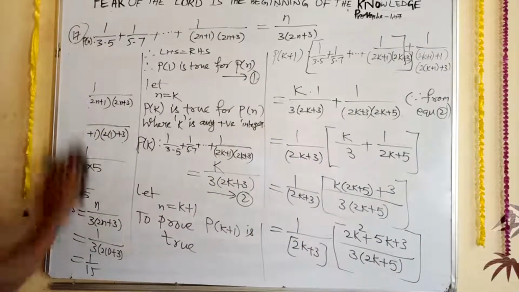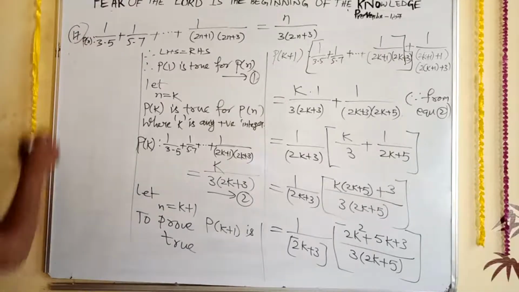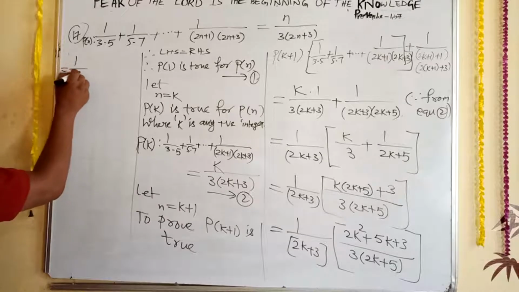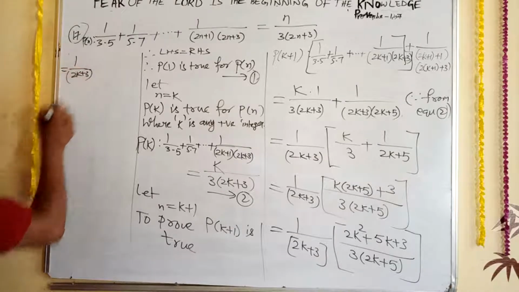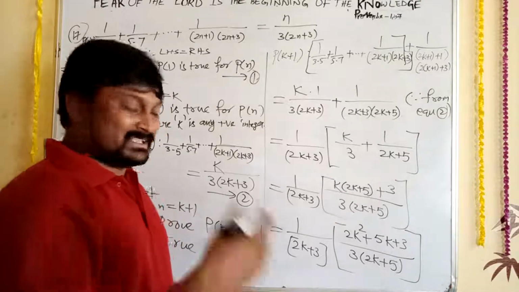So now let me rub this part and I'll solve the remaining part here. That is equal to 1 upon 2k plus 3. And then I'm going to write a little fast, so just concentrate.